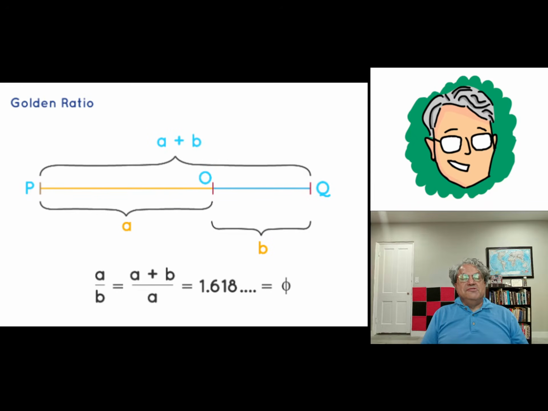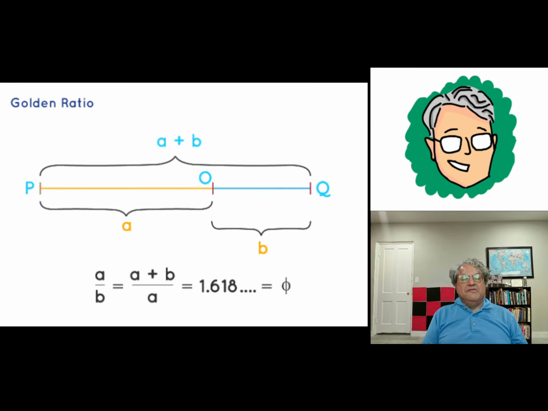Imagine we have an arbitrary line segment, and we want to divide it into two subsegments of length A and B, in such a way that the ratio of A to B is the same as the ratio of the whole length, A plus B, to A. In other words, the ratio of the length of the line segment to the length of its longest subsegment is equal to the ratio of the length of the longest segment to the length of the shortest segment.